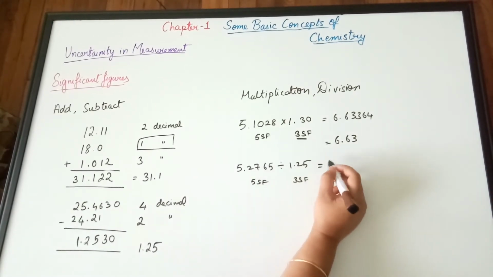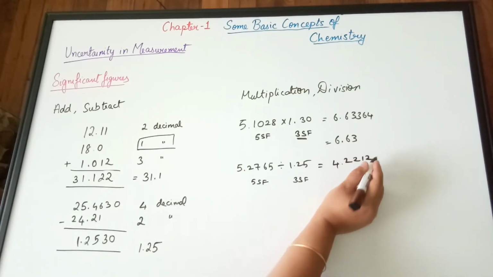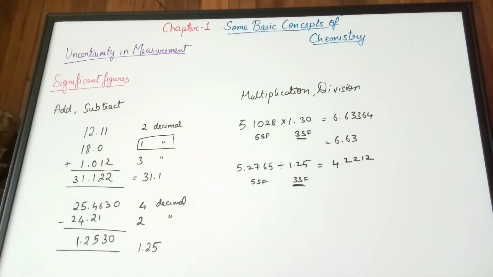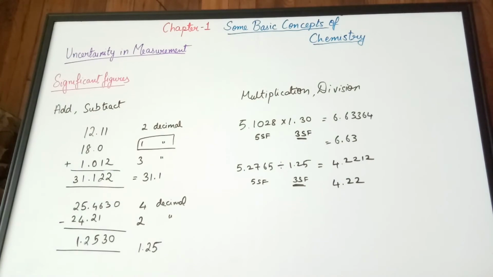And the answer when I divide these two values is 4.2212. But because I'm supposed to consider the least number of significant figures, the answer is given as 4.22. So this covers the addition, subtraction, multiplication and division of significant figures.